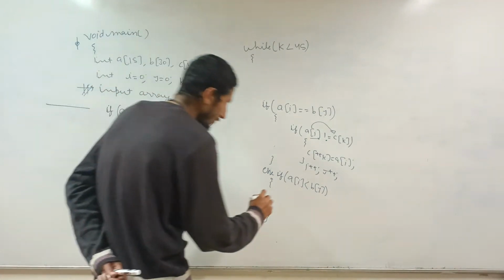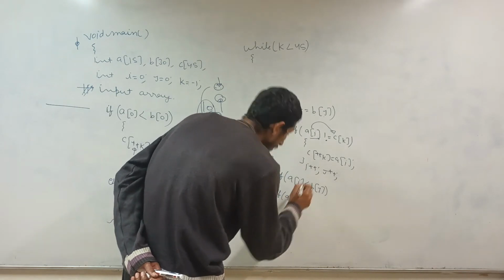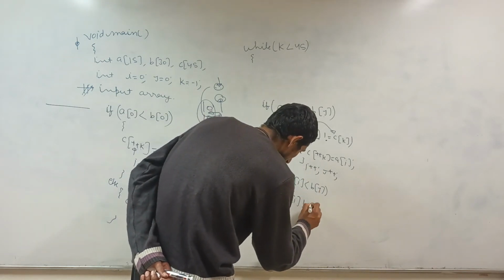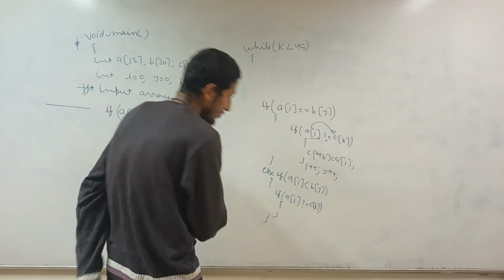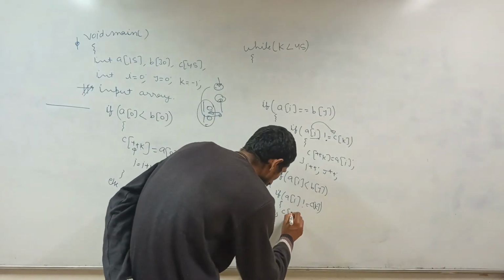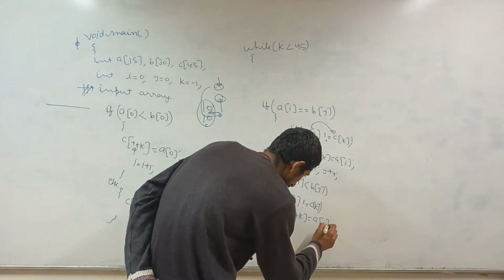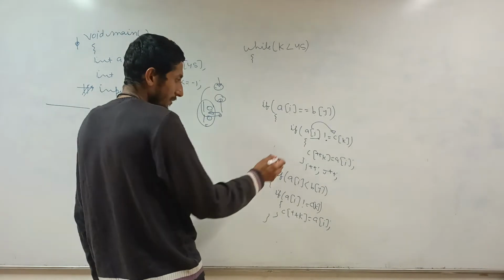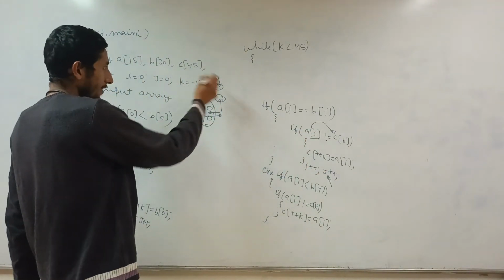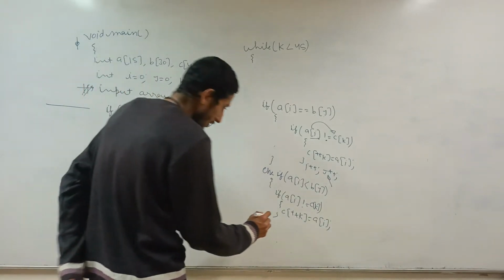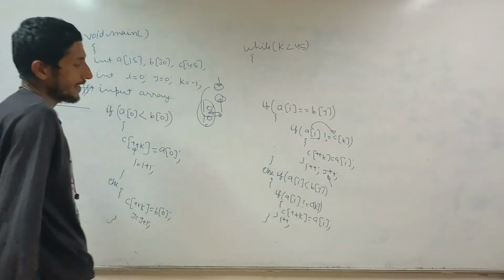So you again put the condition if A of i not equal to C of k, then only you copy the element. So how can you copy the element? C of ++k equals A of i. And this time you are not going to increment the value of j because you have taken the element from the first array. So you are just going to increment the value of i. Okay, that is quite simple.